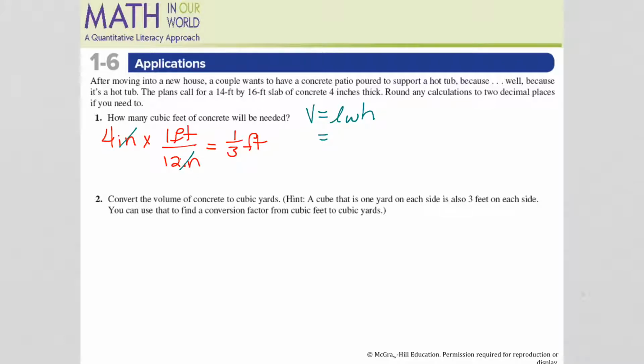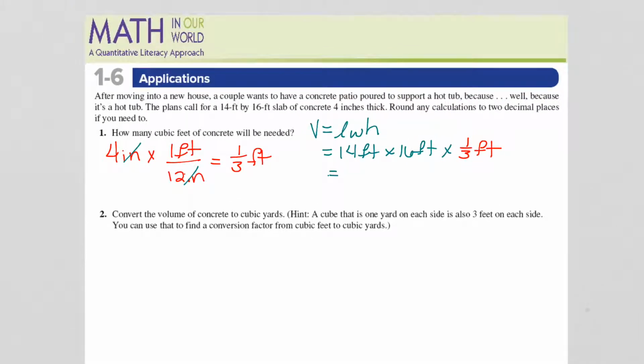So the length was 14 feet. The width was 16 feet. And the height, in this case it's depth, was 1/3 of a foot. Multiply those together, you get 74.67 feet cubed.